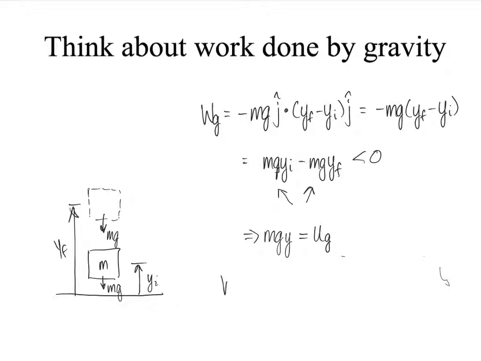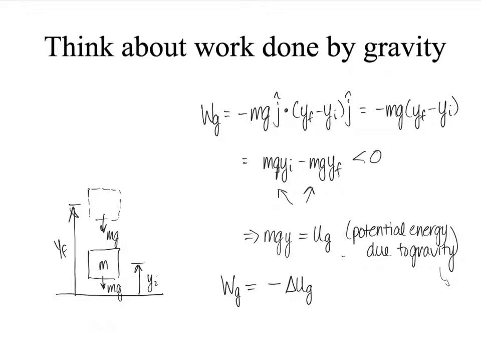And we're going to say that in this case, the work done by gravity is equal to minus a change in the potential, this U sub g, which is the potential energy. So this is called the potential energy due to gravity.